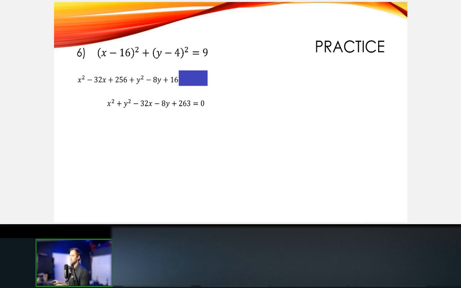All right, so there's the work if you wanted to see it. Again, if you want to FOIL it out and show the work, you can. I personally, and hopefully a lot of you, know how to go from this binomial squared to the expanded polynomial. It'll save you a couple steps.